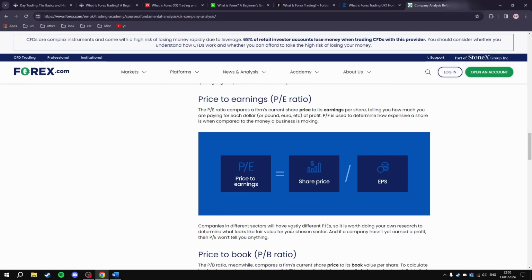Note, companies in different sectors will have vastly different PE ratios, so it is worth doing your own research to determine what looks like fair value for your chosen sector.